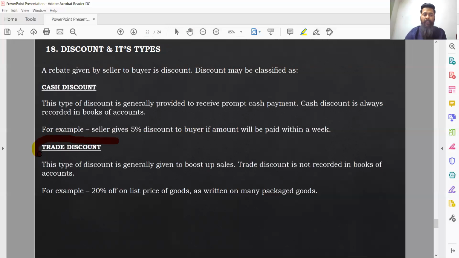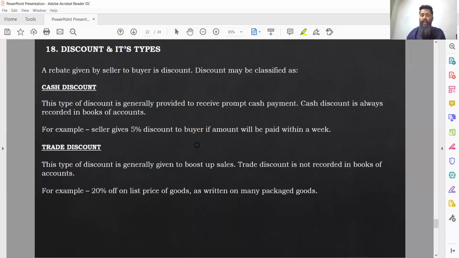Whereas for understanding trade discount, in general, we usually observe a few advertisements and hoardings outside showrooms: flat 20% off, buy one get one free, off season sale, flat 30% off. These are examples of trade discounts.